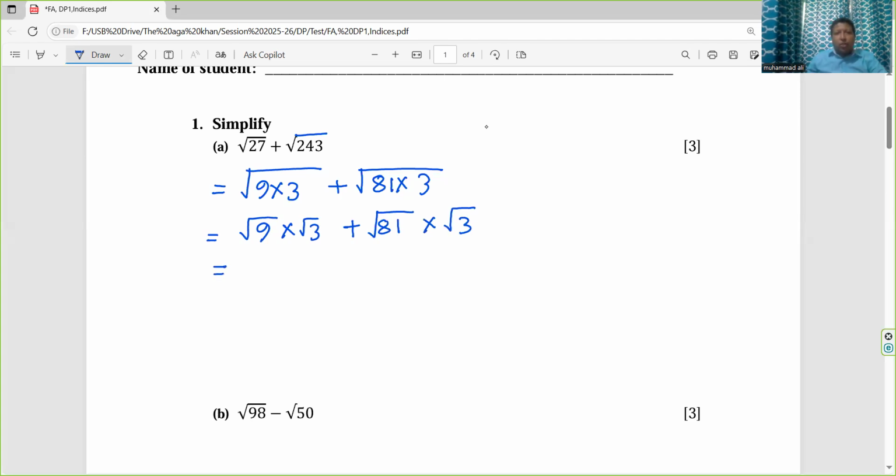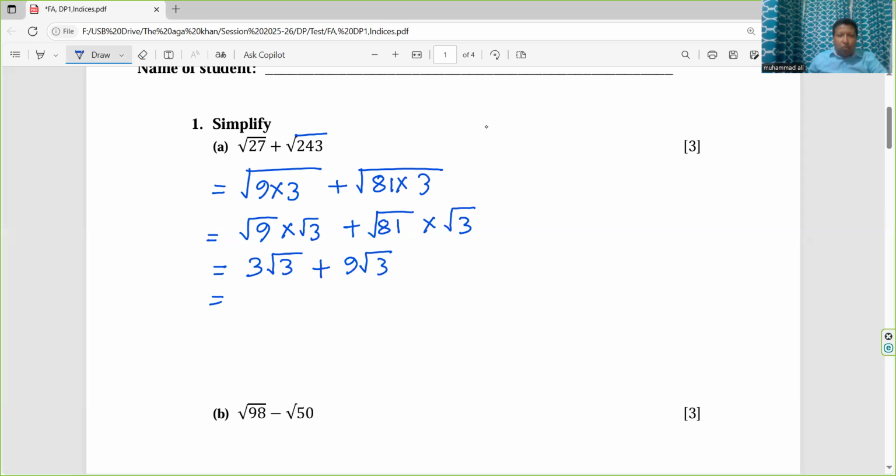We know that square root of 9 is 3. So 3 multiply root over 3 is 3 root over 3 plus square root of 81 is 9 multiply root over 3. So here 3 root over 3, here 9 root over 3.